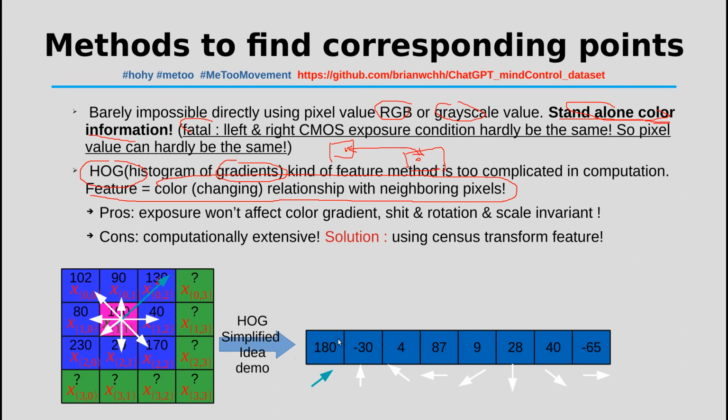For instance, here 118, with starting index 0, so here we have 0 to 7. Then we can stretch this value into 8 bits, and we end up with a one-dimensional vector as its feature, and this vector describes this pixel's relationship with its 8 neighbors.